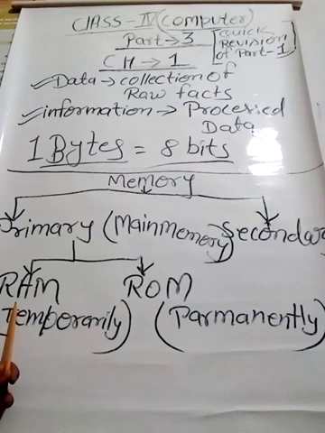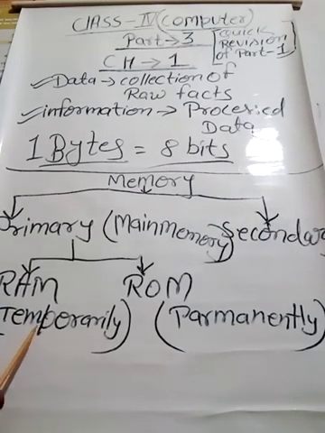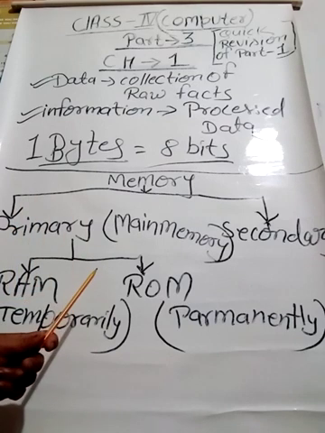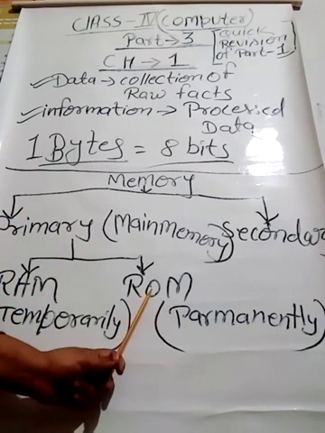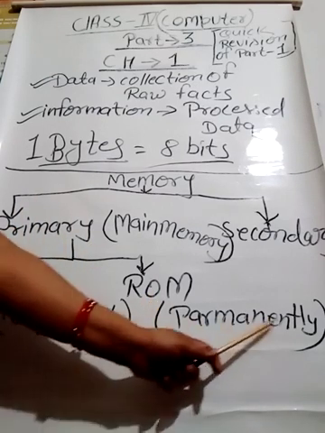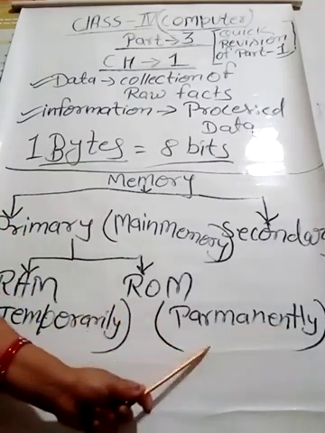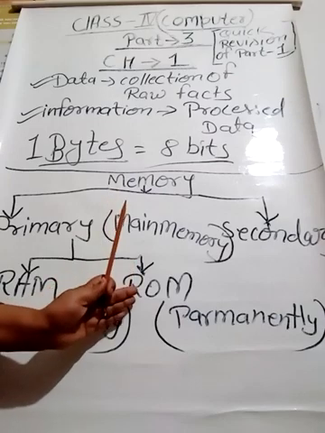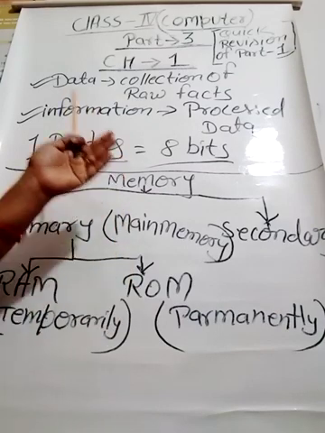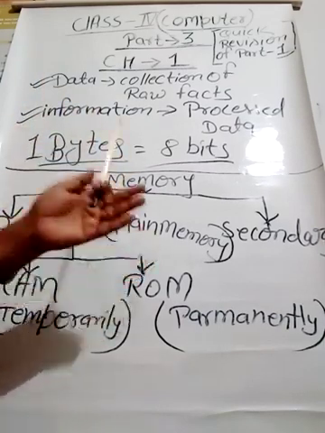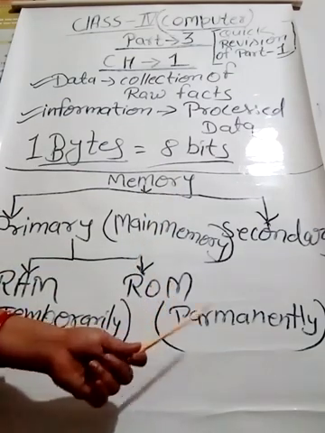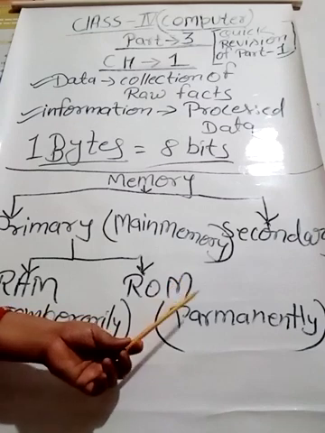RAM stores the data temporarily. Temporarily means once the computer is switched off, the data is deleted. But ROM stores the data permanently. Permanently means once we have stored the data, it is kept inside it, and after switching off the computer, in future when we switch it on, we can see that particular data and use that data or informations.